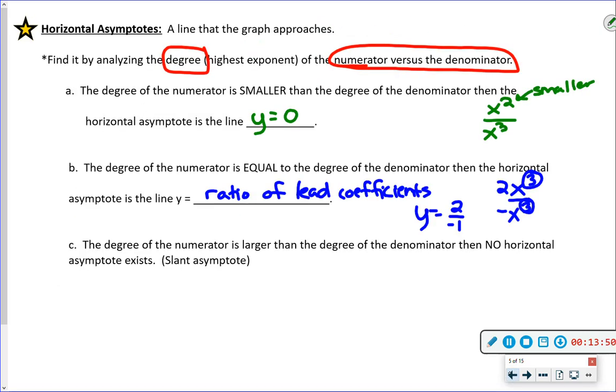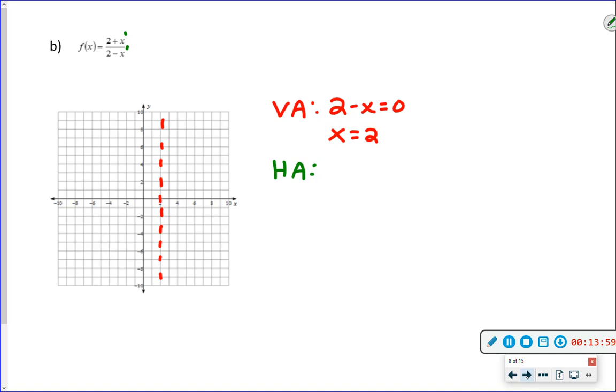When the degrees are the same, it's the ratio of the lead coefficients, but it's not in the right order. So my lead coefficient on the numerator should be 1. The lead coefficient on the denominator should be that negative 1. Do I care if you reorder it? No, but just recognize what the first term should be. Okay, I'm going to draw that line.